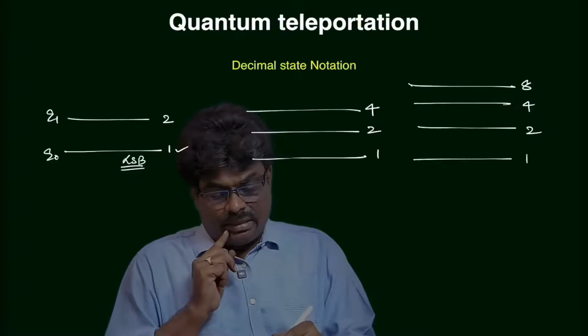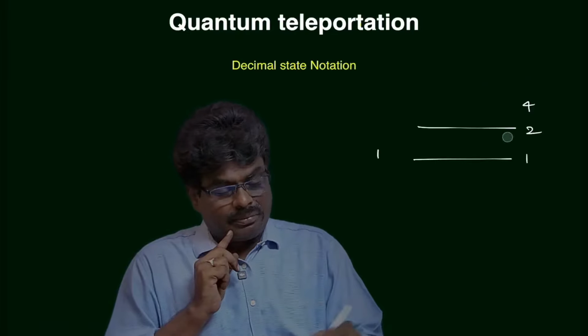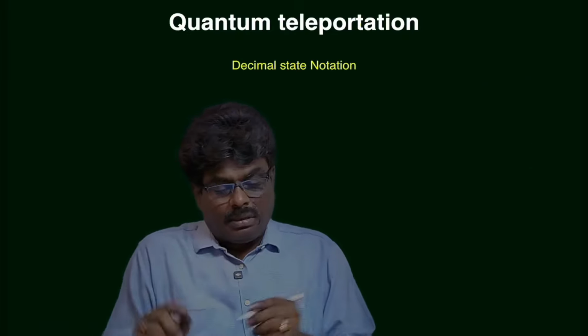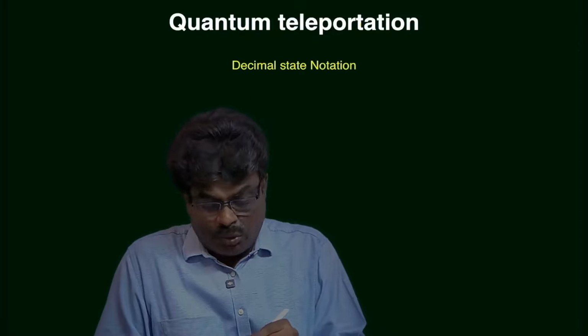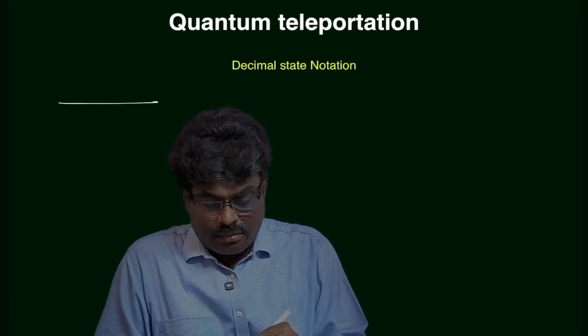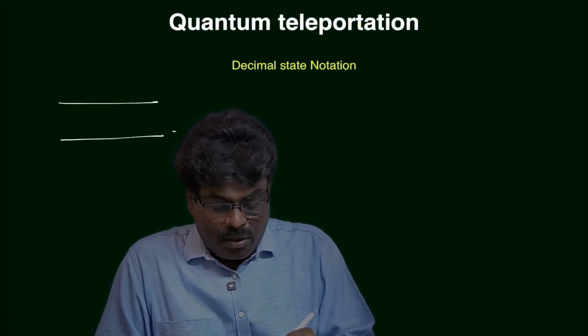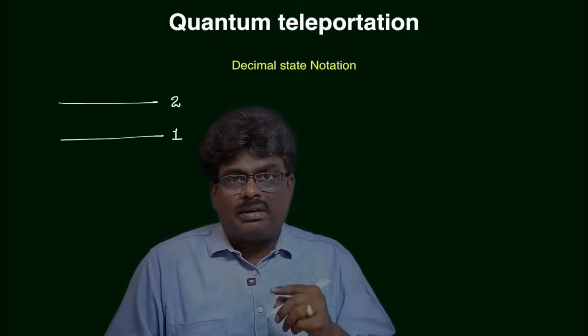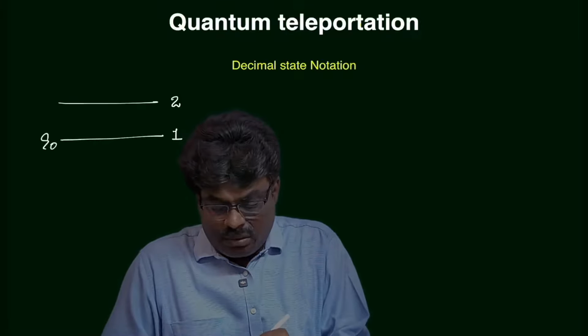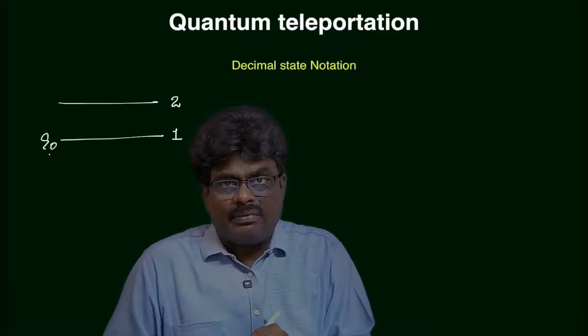Whenever we have decimal state notation, for example if you have 2 qubits, then you have to represent these states 1 and 2. What are 1 and 2? If this qubit is on, you will get 1. If it is off, 0.